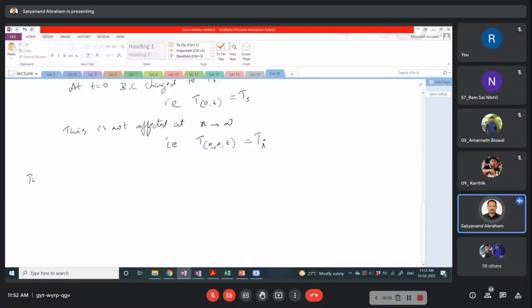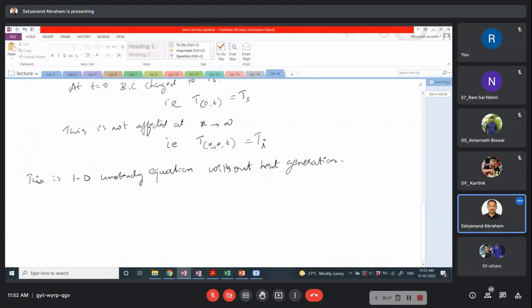So this is the 1D unsteady equation, obviously without heat generation.